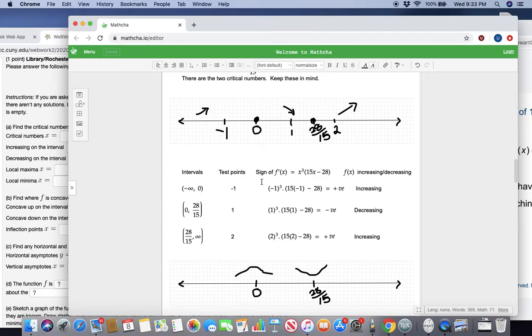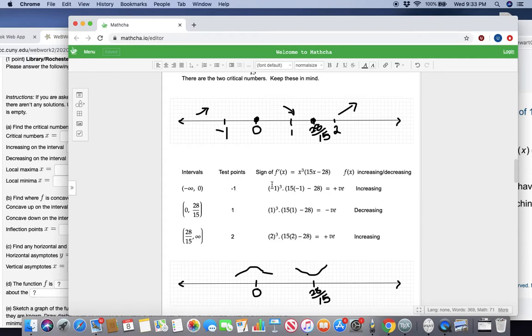Use that test point in the expression for f prime. Okay, it's better if you use the factored expression because all we are looking for is the sign of f prime. So plug in -1 here: (-1) to the power 3, times (15 times -1 minus 28).